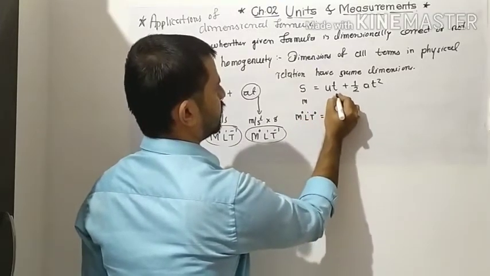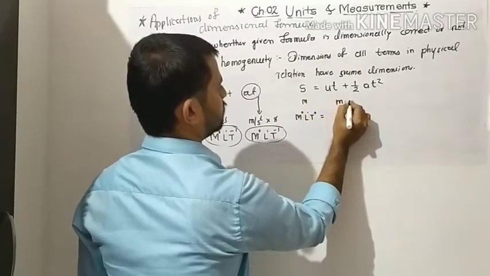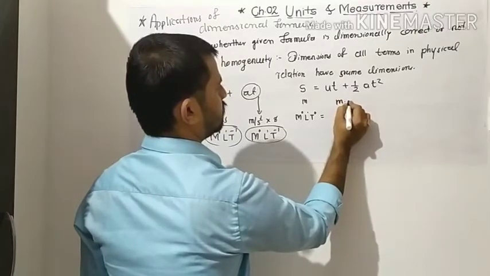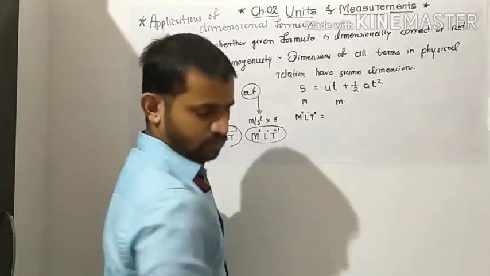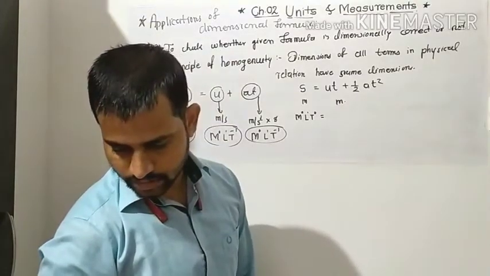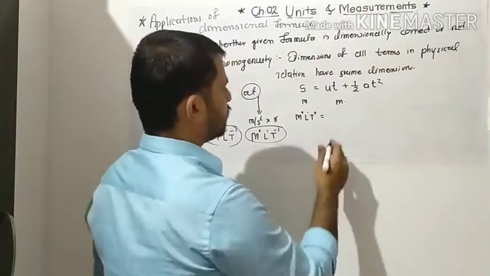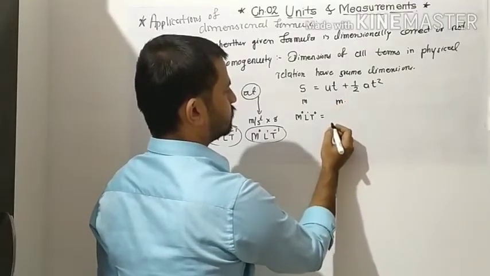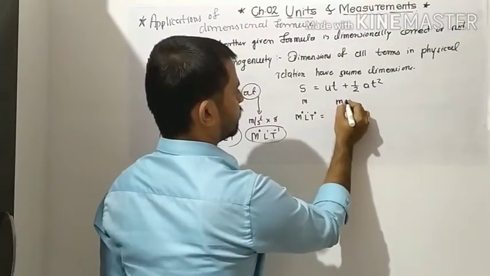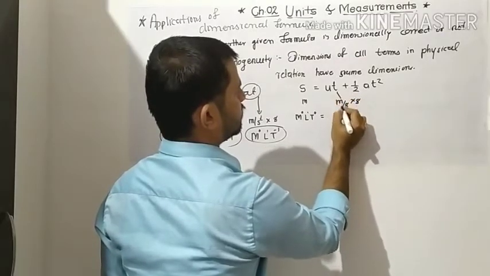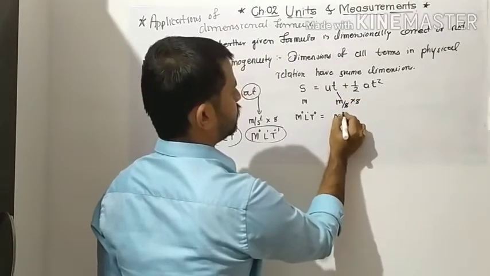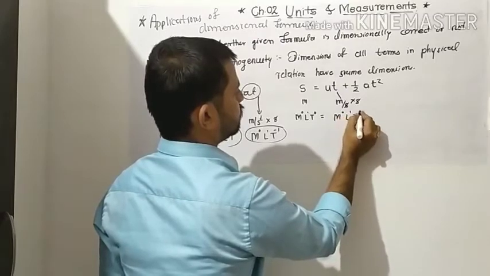Again ut is meter per second into second, so second will get cancelled and we get M raised to 0, L raised to 1, T raised to 0.